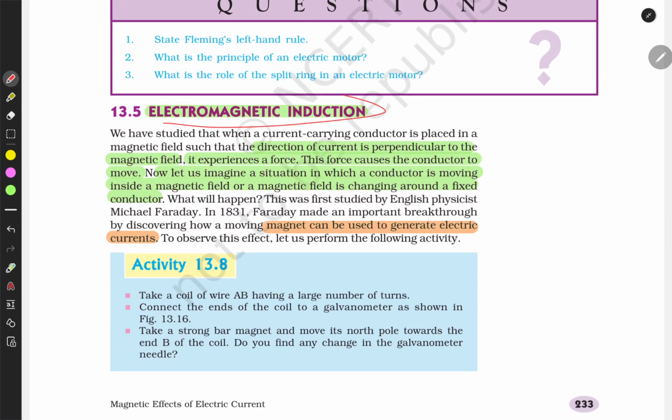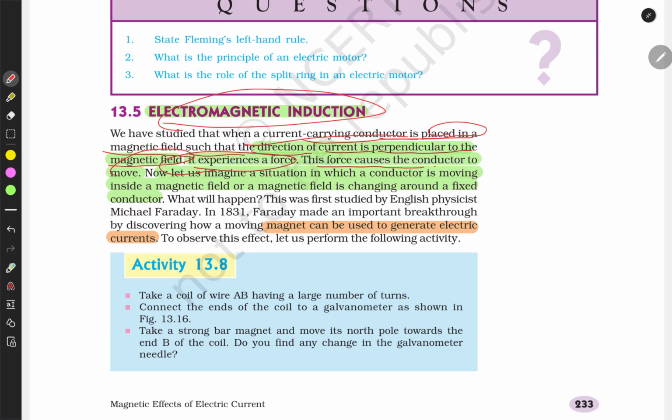Then let's talk about electromagnetic induction: how a magnet can be used to produce electricity. We have already studied that when a current carrying conductor is placed in a magnetic field such that the direction of the current is perpendicular to the direction of the magnetic field, it experiences a force.